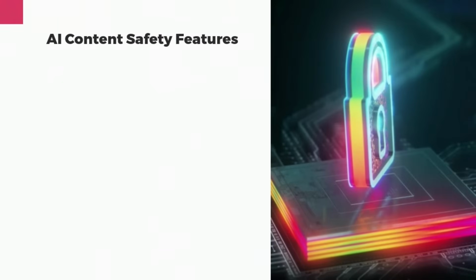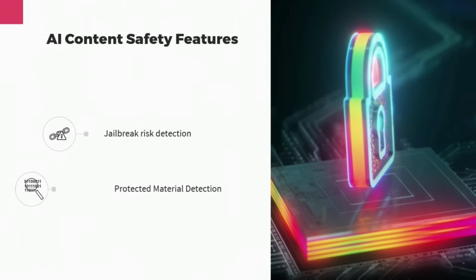And finally, AI content safety features. Azure AI content safety includes features like jailbreak risk detection and protected material detection. These features are designed to mitigate risks when using generative AI models. Jailbreak risk detection scans text for the risk of a jailbreak attack on a large language model, and protected material detection scans AI-generated text for known text content, such as song lyrics, articles, recipes, and selected web content.